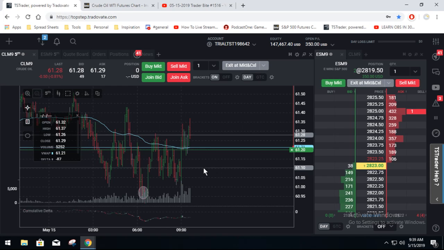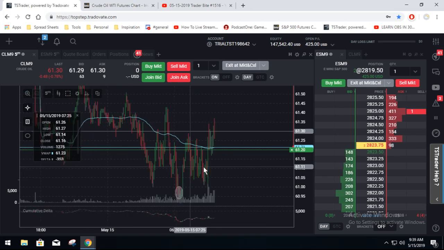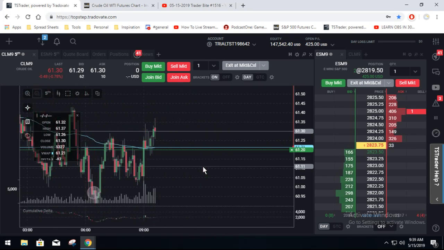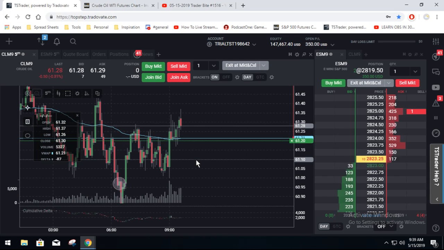Got some tangles on 38. Oil is a different beast these days. When it runs, it runs. Sorry, I got the cold. Not looking to be too much of a bull this morning on oil.